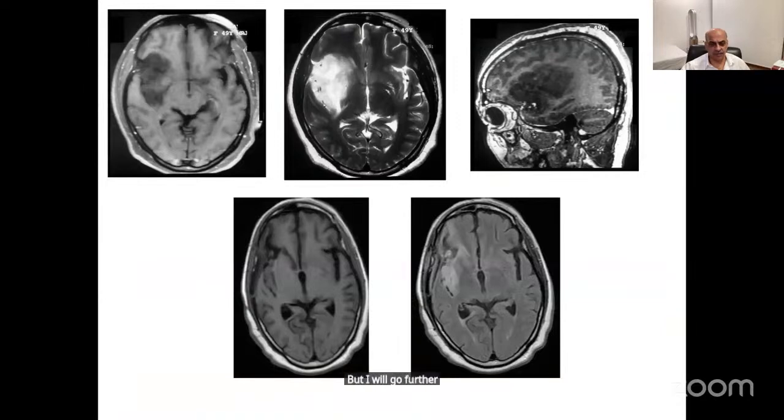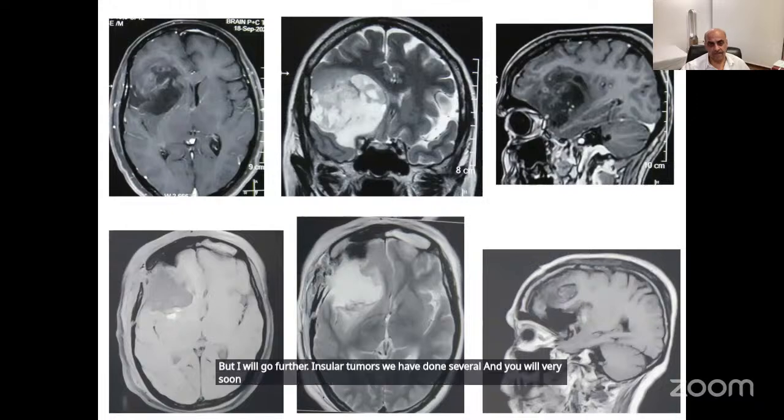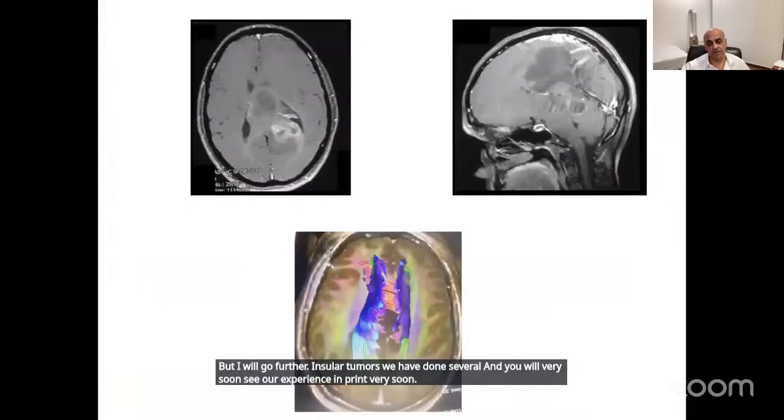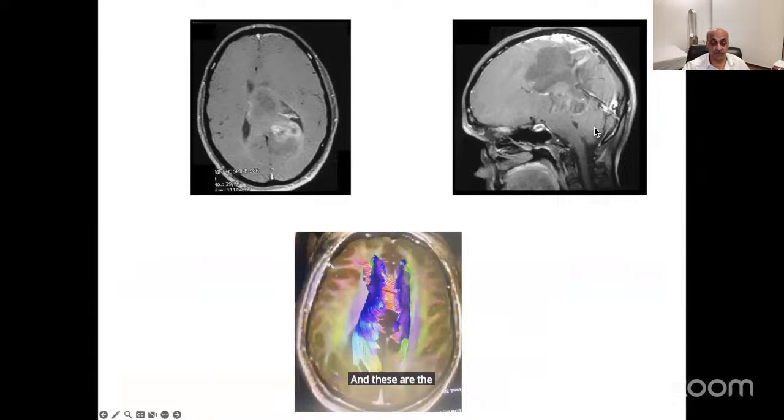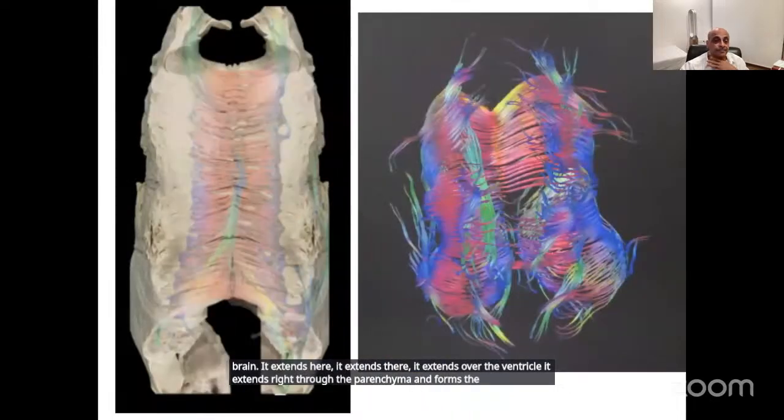Insular tumors, we have done several, and you will very soon see our experience in print. And the corpus callosum, as I mentioned, is an infrastructure of the brain. It extends here, it extends there, it extends over the ventricle, it extends right through the parenchyma and forms the foundation of the brain.